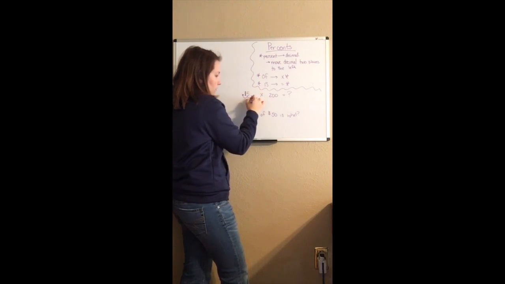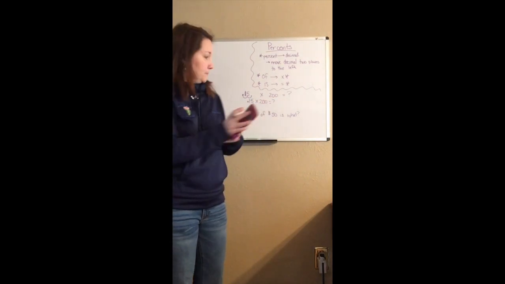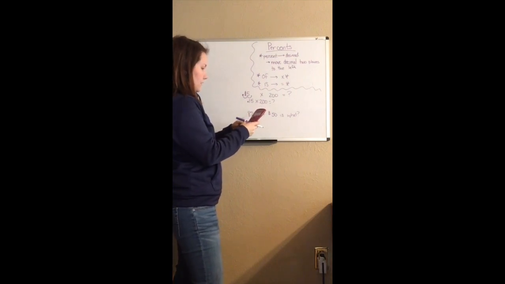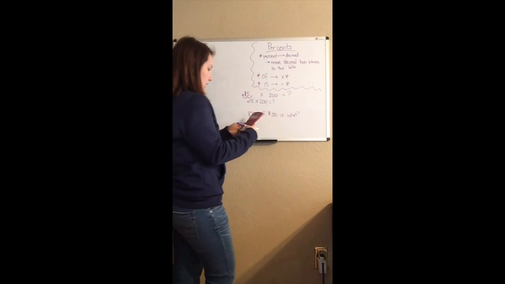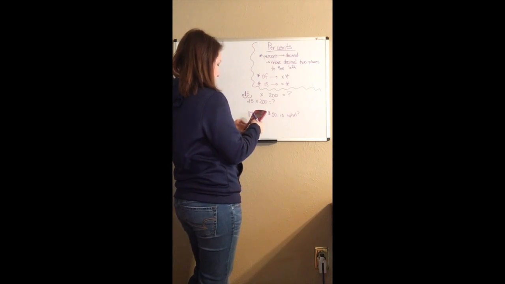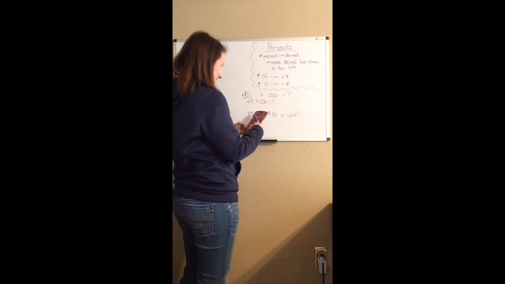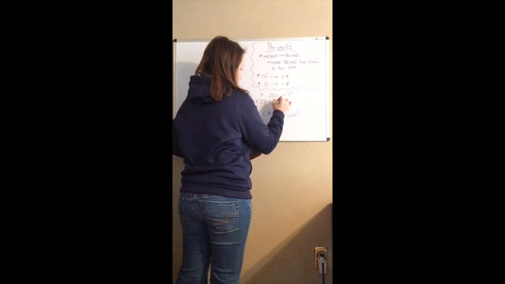So it becomes 0.15 times 200 is, so I'm going to take my calculator. I'm going to say 0.15 times 200. 0.15 times 200 is 30.